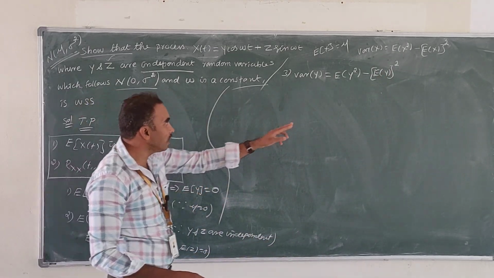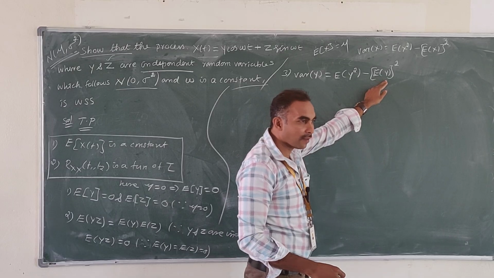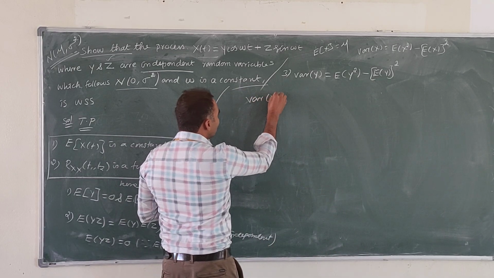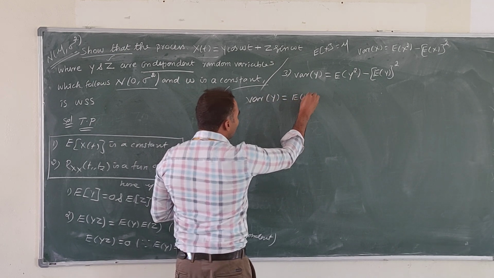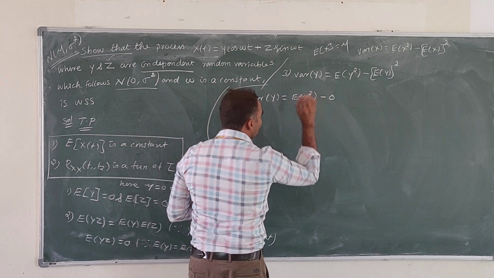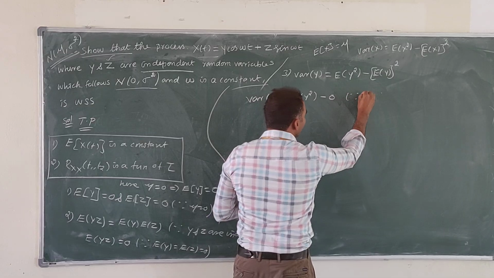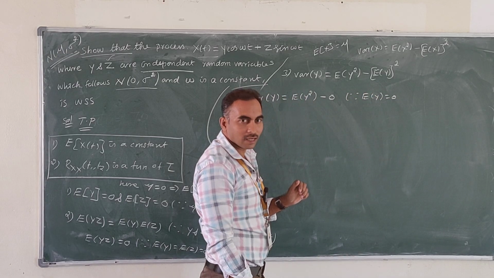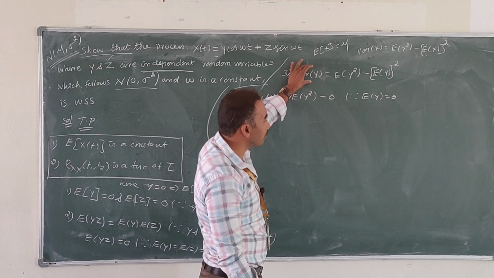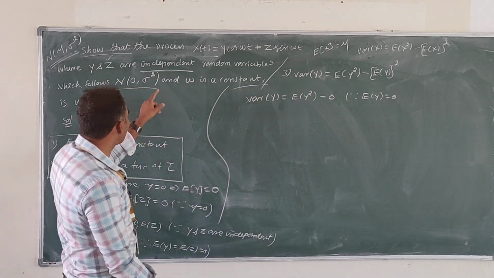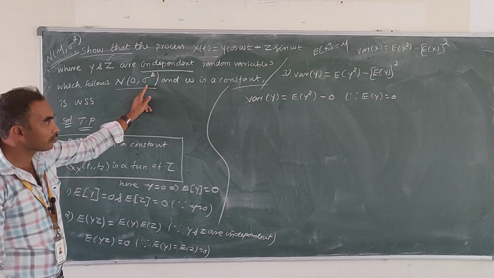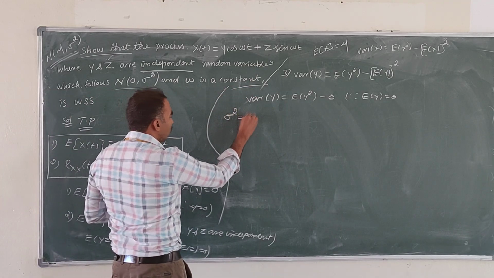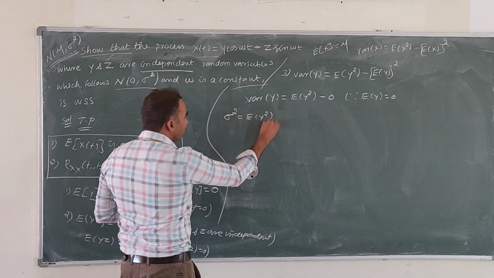What about E[Y]? 0. When we apply it, what do we get? Variance of Y equals E[Y²] minus 0, since E[Y] equals 0. So how can we write the variance of Y? The variance is σ². So instead of variance of Y, we can write σ² equal to E[Y²].